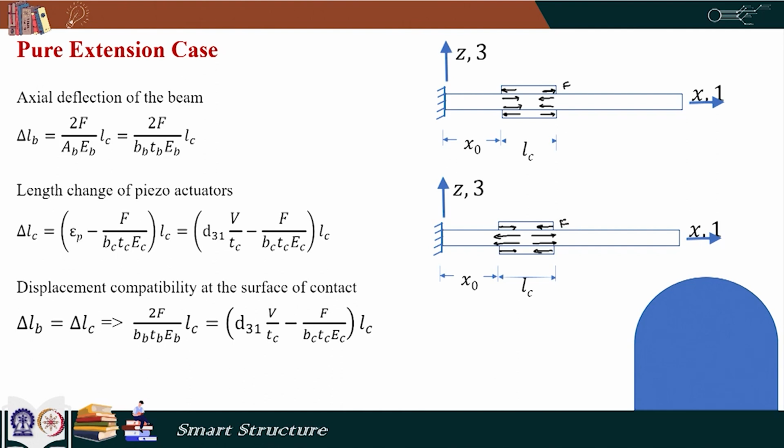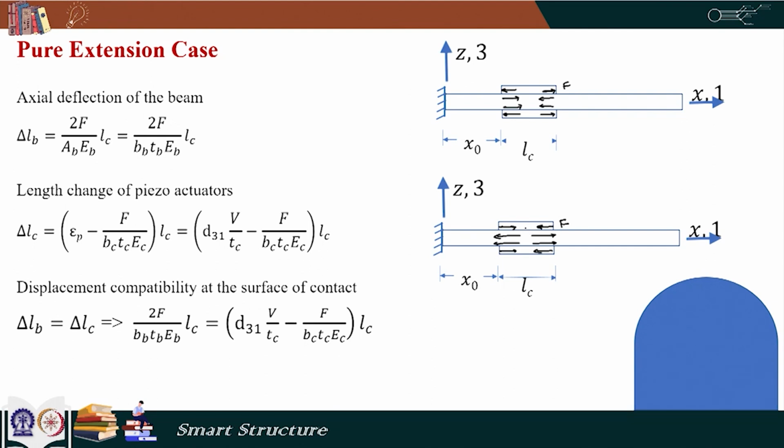So, as I said, in this approach, our unknown is F, and we try to find F by imposing the condition that the displacement at these junctions between the piezoelectric patch and the beam is same.